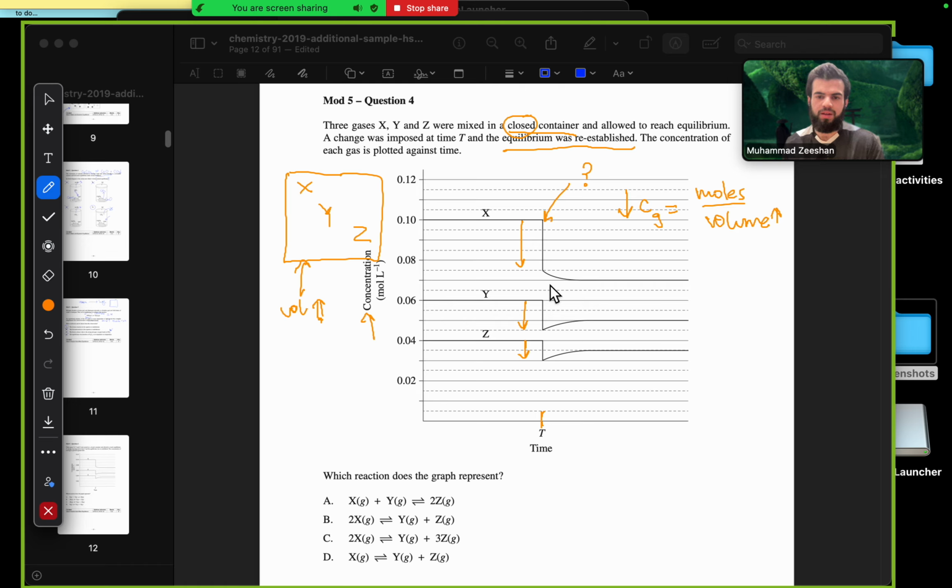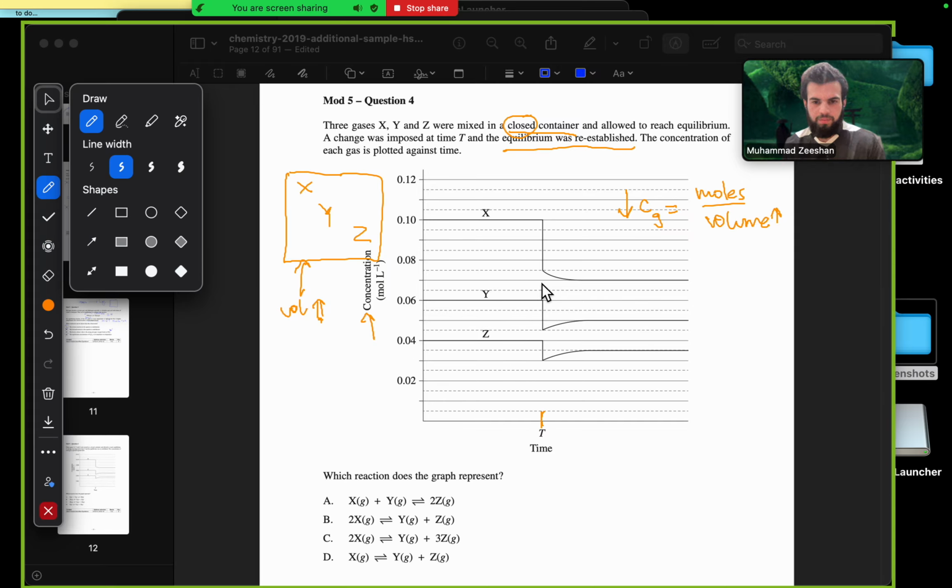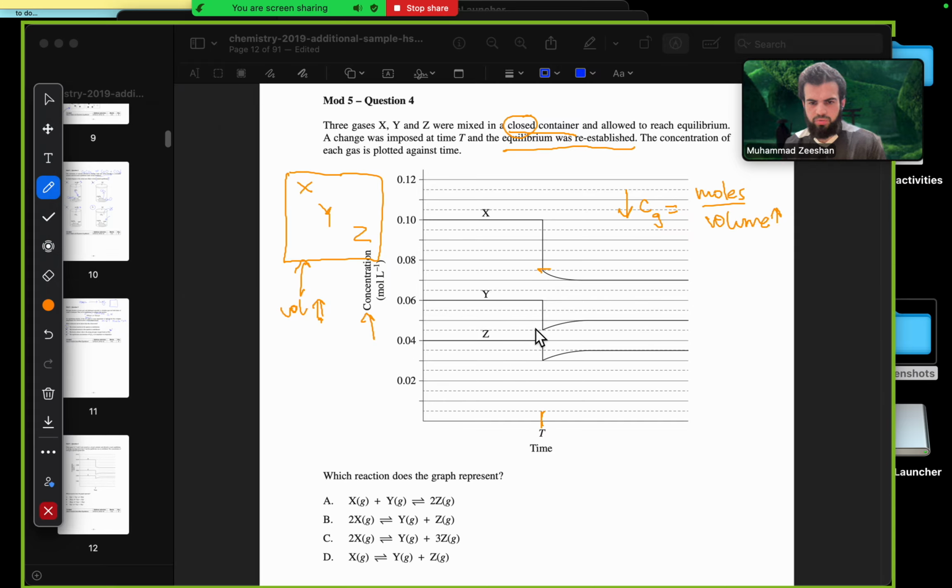And we saw that after the volume was increased, after t, the system tries to re-establish equilibrium.